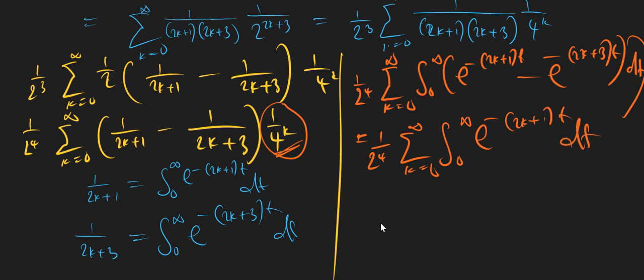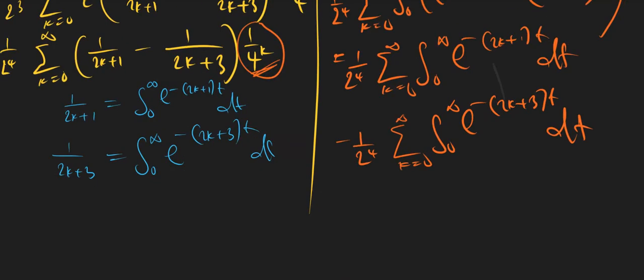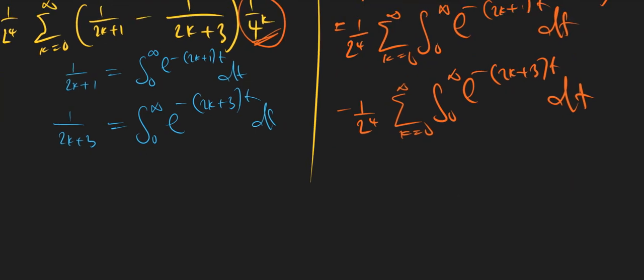And the second sum is minus 1 over 2 to the fourth power times the sum as k runs from 0 to infinity of the integral from 0 to infinity of e to the negative 2k plus 3 t dt. Now let's do them separately. The first sum, which we call S1.